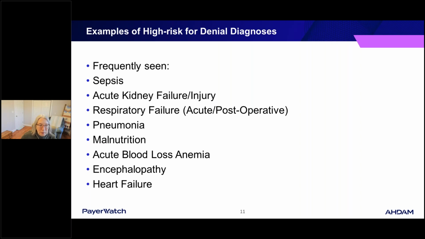So the other reason we see a lot of these as well is that a lot of these have multiple ways that they are clinically defined in their evaluations. There are different ways of diagnosing malnutrition, different ways of diagnosing acute kidney failure. We're going to talk about that a little bit today. So not only are these CCs and MCCs, but they can also be a little bit nebulous as far as what clinical indicators support these particular diagnoses.